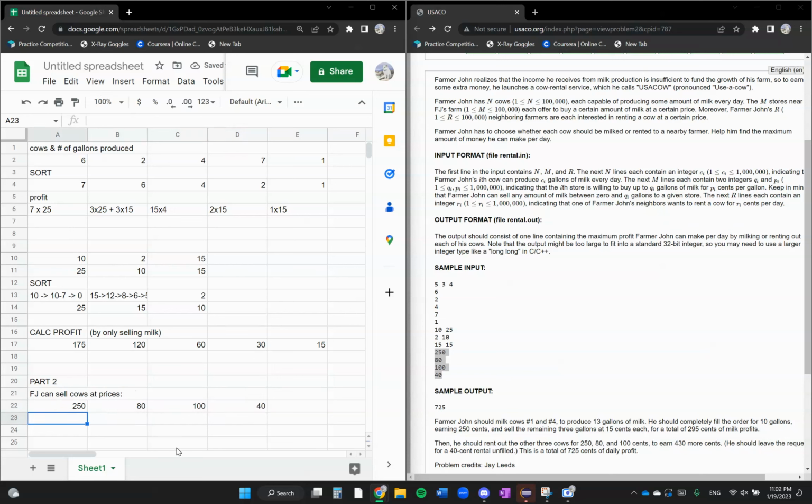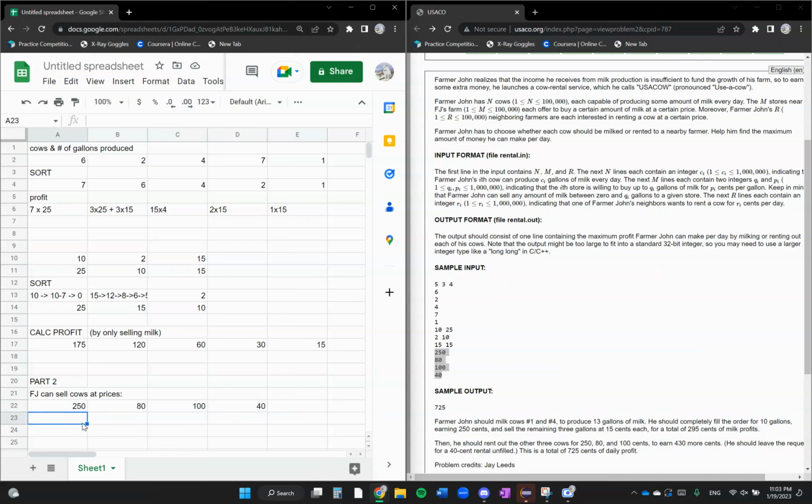And what we're going to be doing is comparing these prices with the amount of profit that each individual cow can make. And if a cow is making less profit out of its milk than it can if it's just sold, then it should probably just be sold. And that way, Farmer John will make more profit.